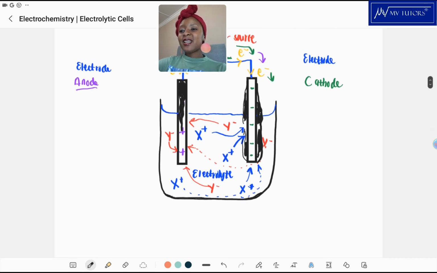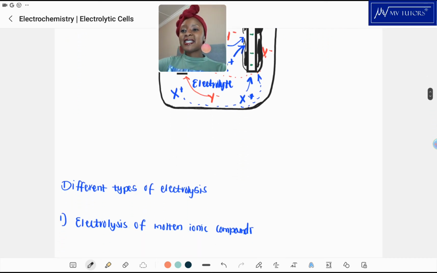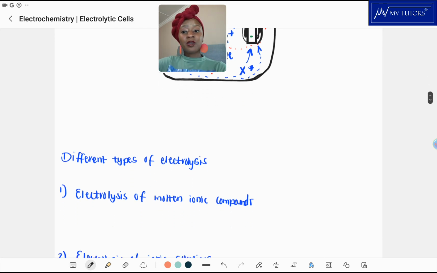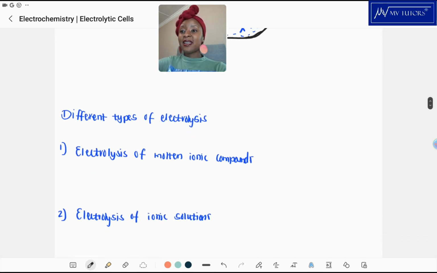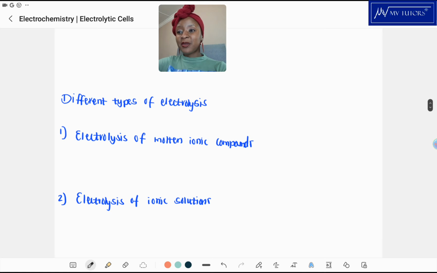Now we're still going to look at different types of electrolysis. First of all, we look at the electrolysis of molten ionic compounds. Molten, think about lava, a volcano eruption, and the liquid that comes out, which is something that was solid before and then becomes liquid, but it is highly dense.